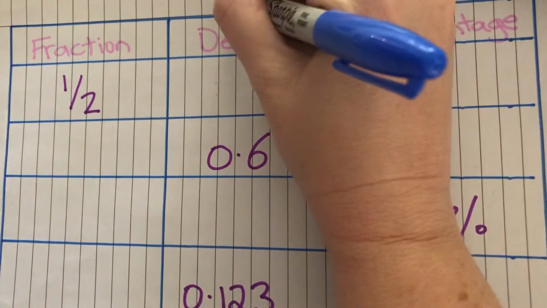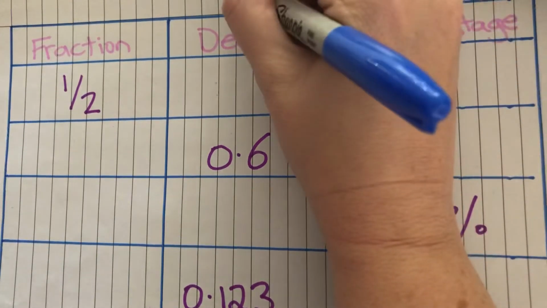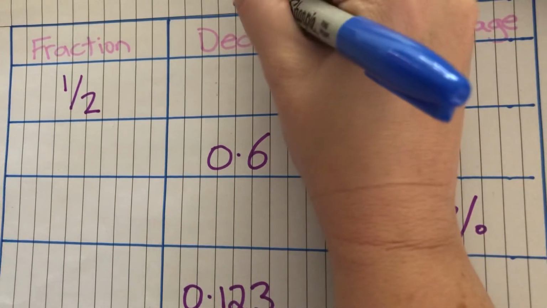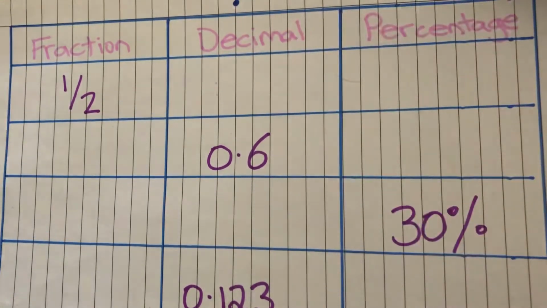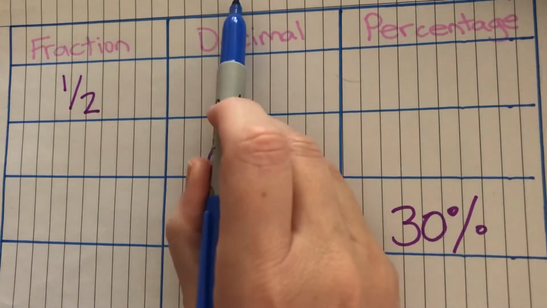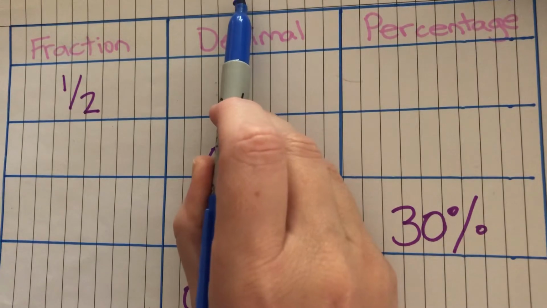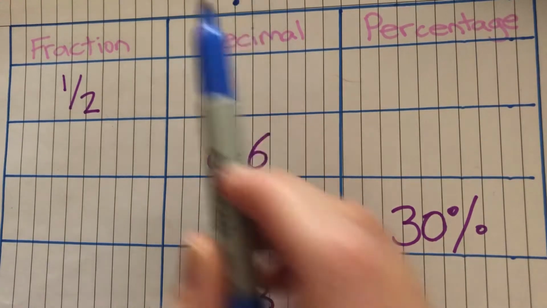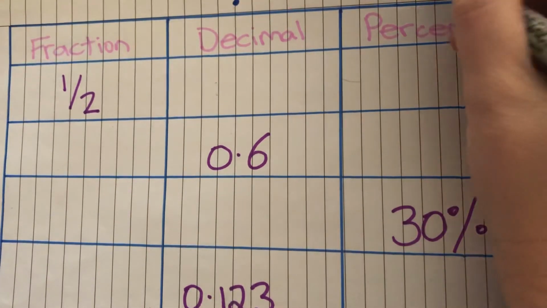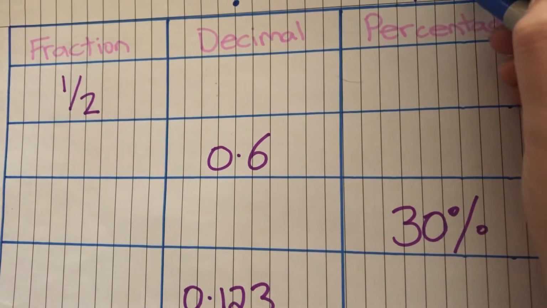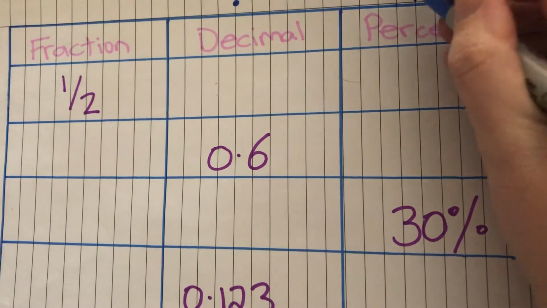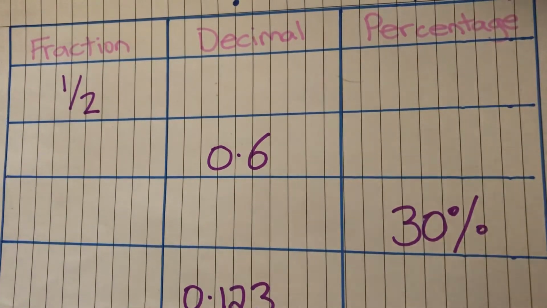After our decimal place, we have our tenths, hundredths, thousandths, etc. Remember that these are parts of 10 or parts of 100. Remember also percentages. Percentage literally means part of 100. So how many parts of 100 is what a percentage means.